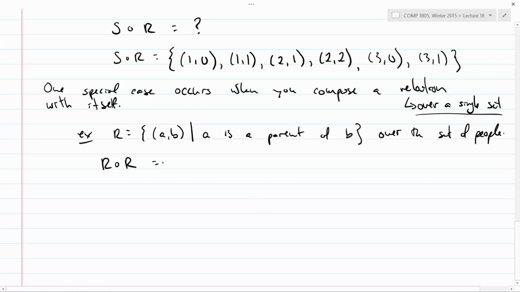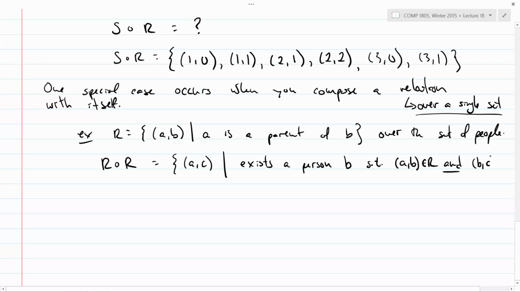R follows R is the set of ordered pairs AC such that there exists a person, let's say B, such that two things are true, right? Such that AB is in R and BC is in R. Right? That's the definition of composition.